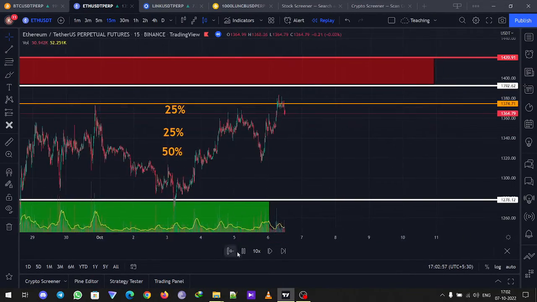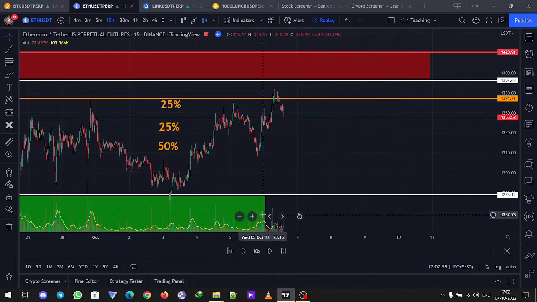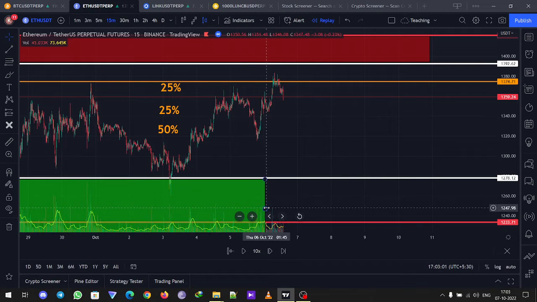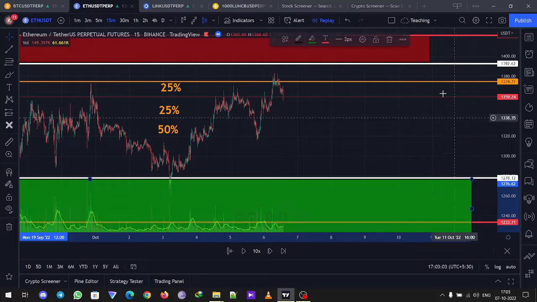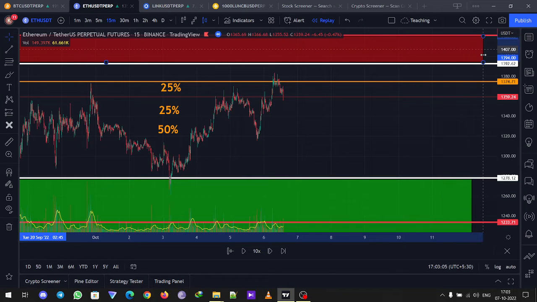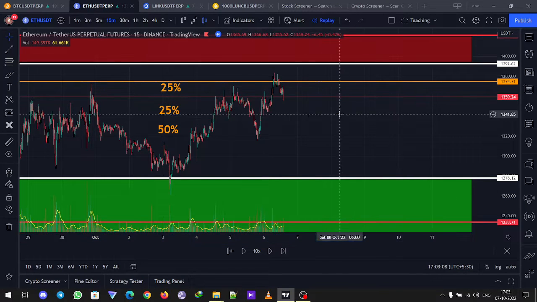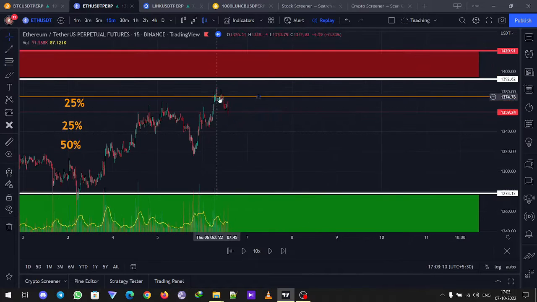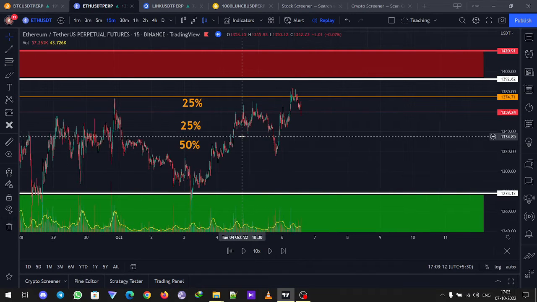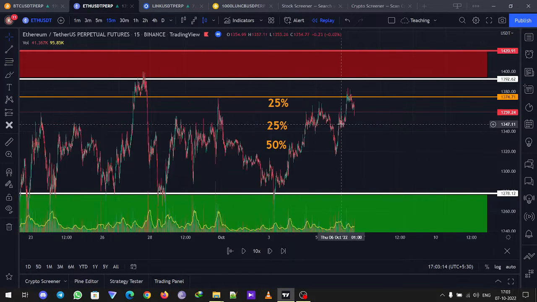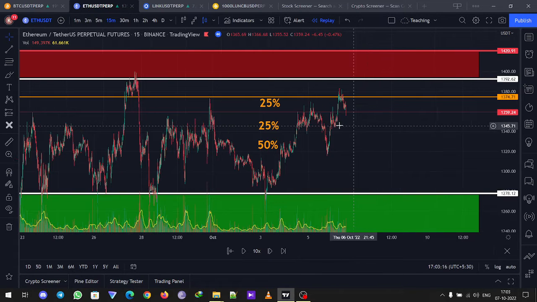Yeah, we see that our short entry is executed. Now comes the marking of the important levels where we will be booking our partial profits.